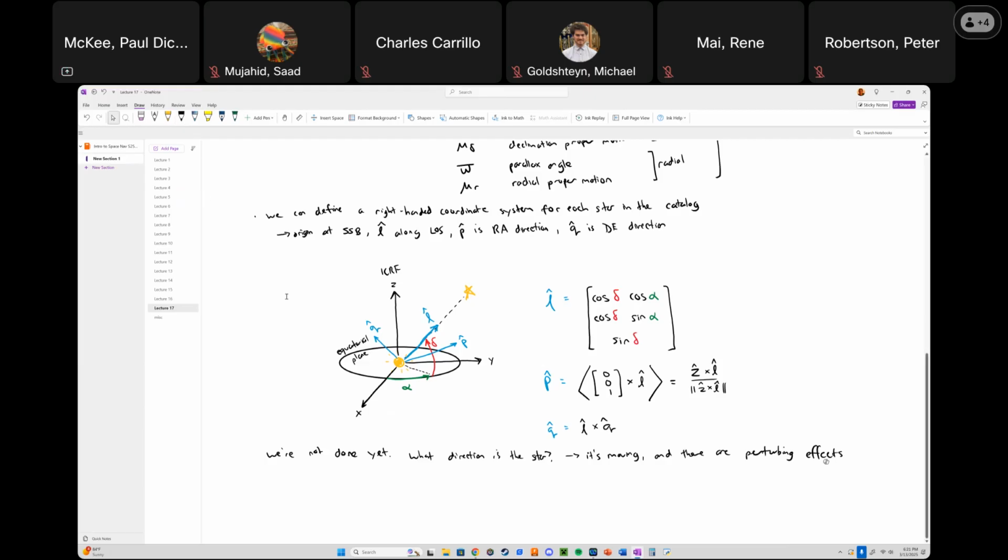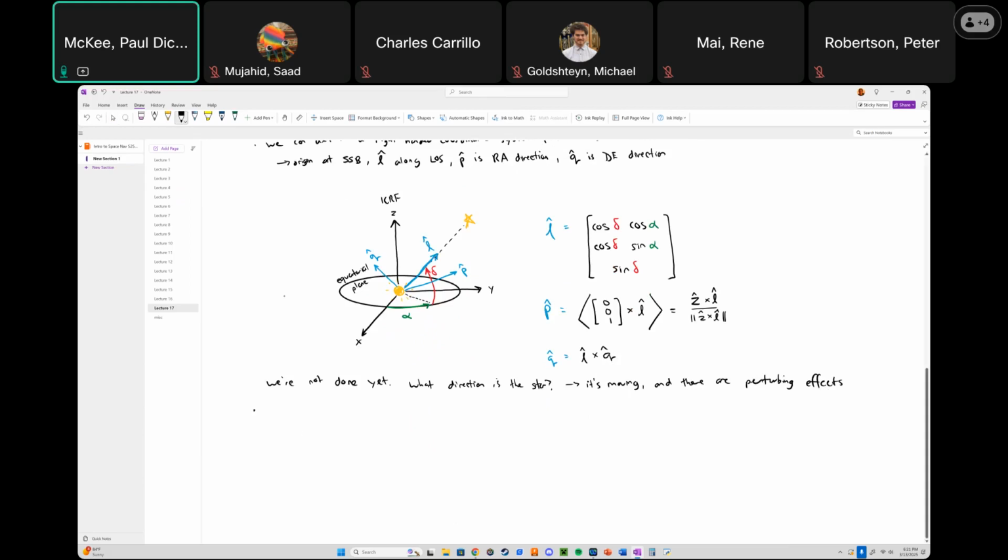Okay, so first we'll talk about line of sight perturbing effects. And then we'll talk about relativistic line of sight perturbing effects.